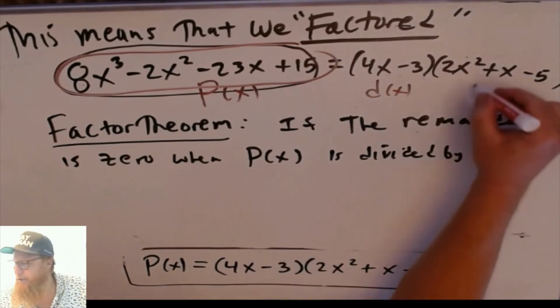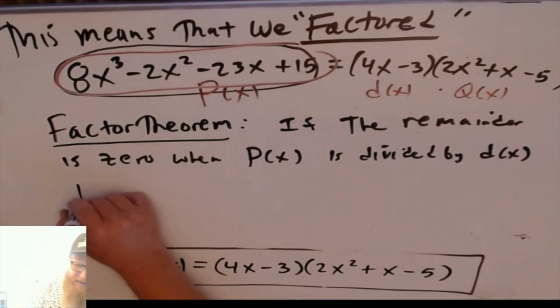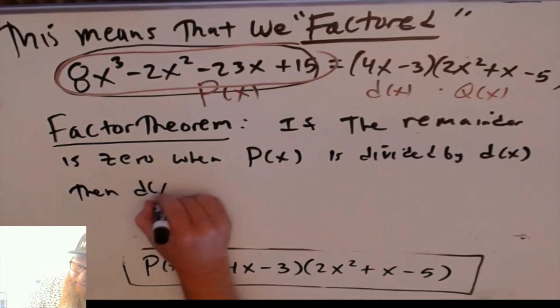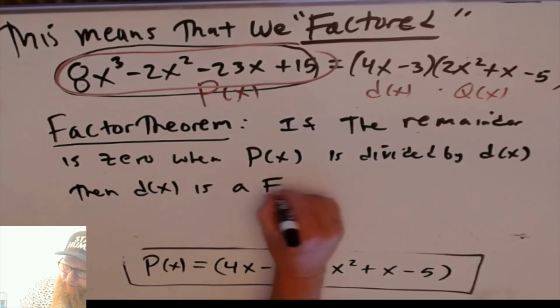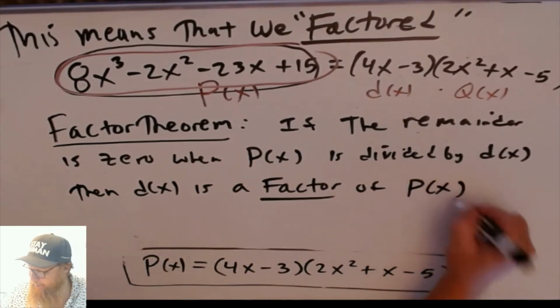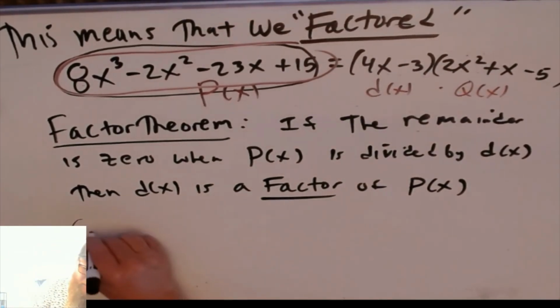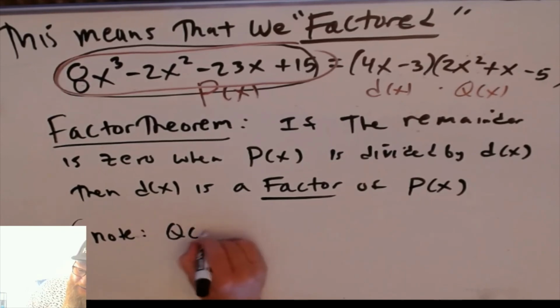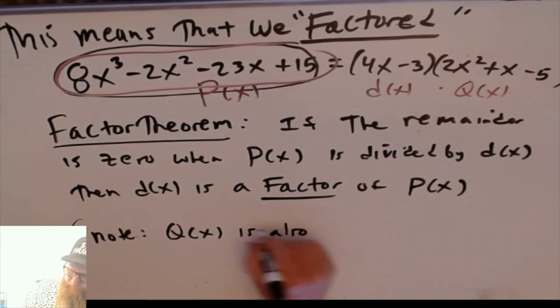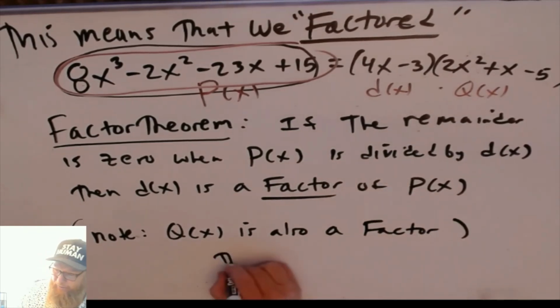And this is q. Then d of x is a factor of p of x. You might make a note, q of x is also a factor. We call it the other.